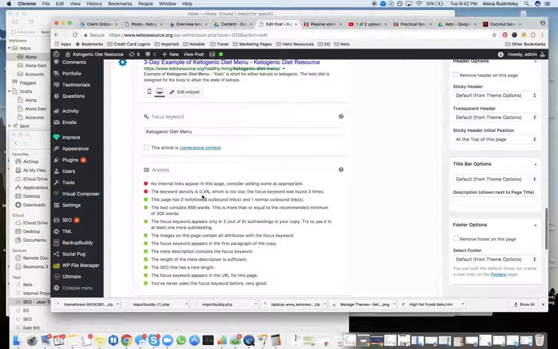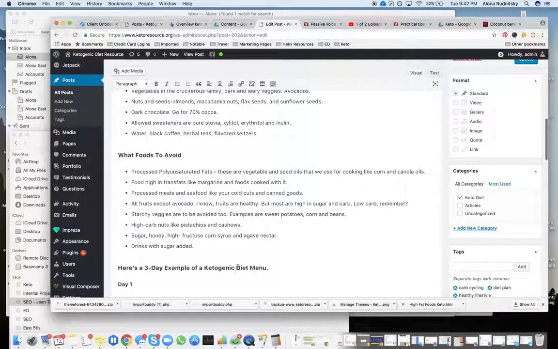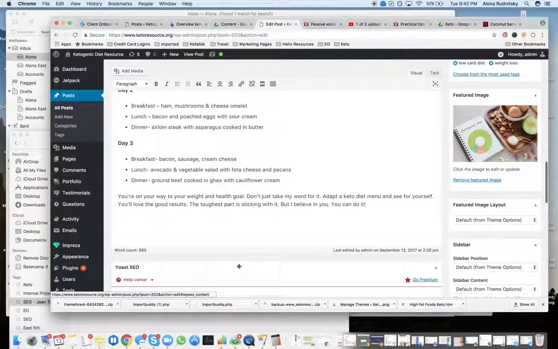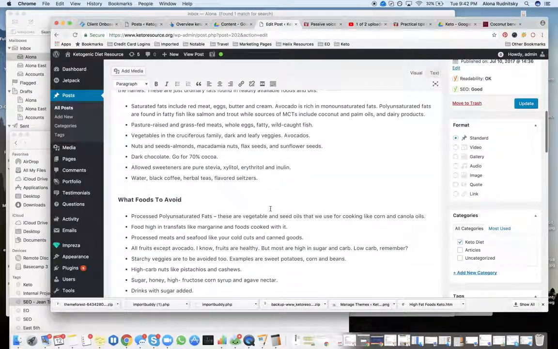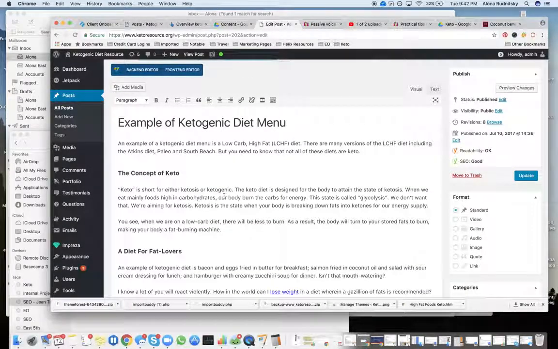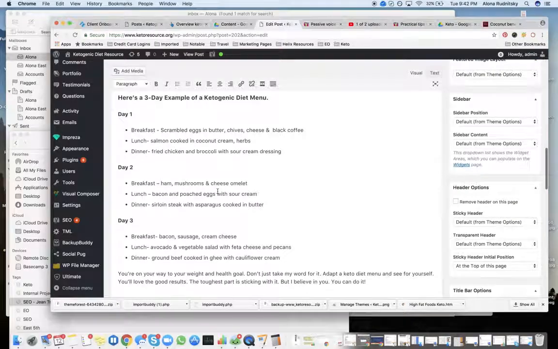Yeah, that's gone. And then the keyword found 3 times, that should be good. But ketogenic diet menu, is that the keyword? Yeah, ketogenic diet menu. I actually think that's fine. Yeah, you did a really good job with this.